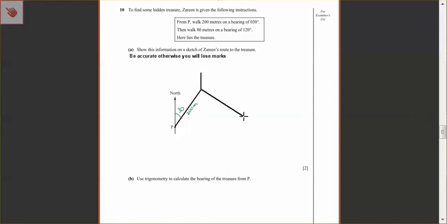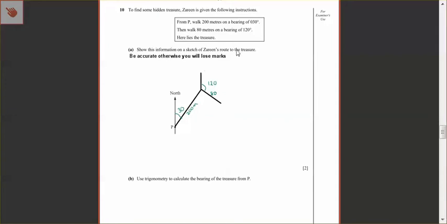Was that why you only gave me 1 mark? Because I didn't do that. Oh, Mr. Fox, that's mean. That's got to be 120, and that is 80 meters. You're doing it differently than mine.